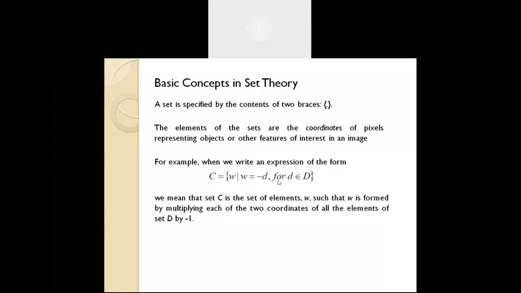So the coordinates of a particular image, which is written as a set D, will be multiplied by minus 1 using this equation.